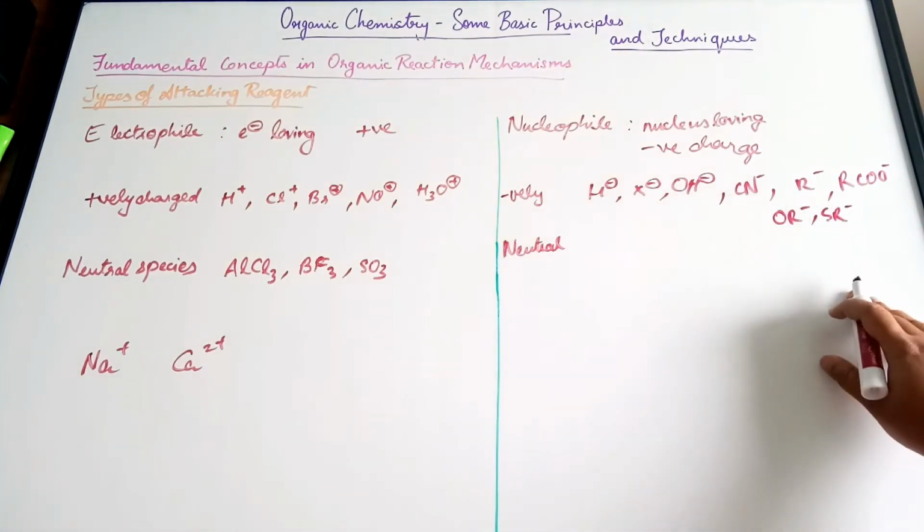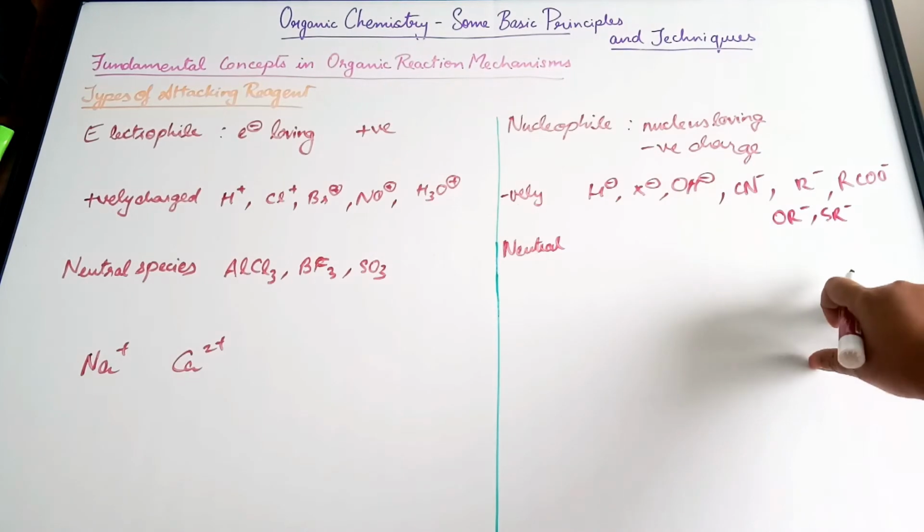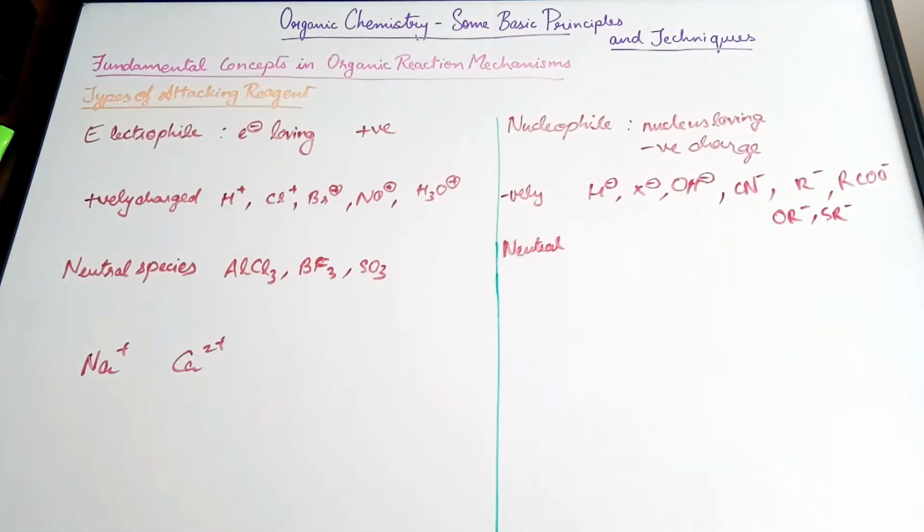So all of these are negatively charged nucleophiles, and they will look for an electron deficient site.